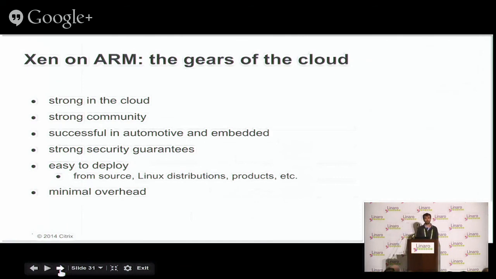It is a preferred platform for the three-letter agencies of the United States government, and has an excellent security track record. It's easy to deploy from source, but also available on many Linux distros. And finally, as you can see from this benchmark, it has a really minimal overhead. So if the price is so low, why shouldn't you run Xen on your ARM servers?